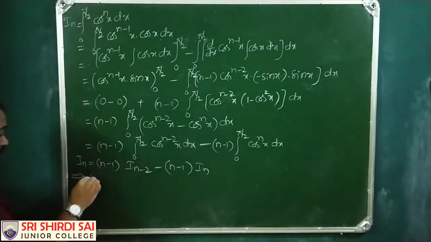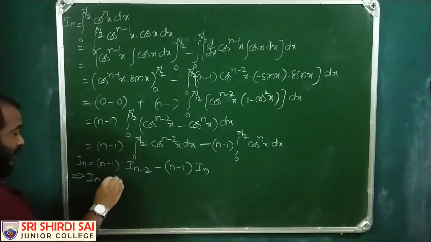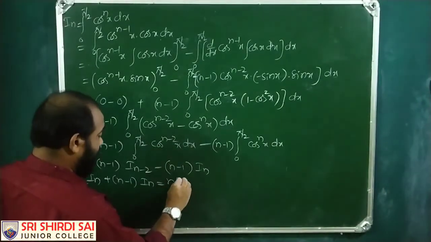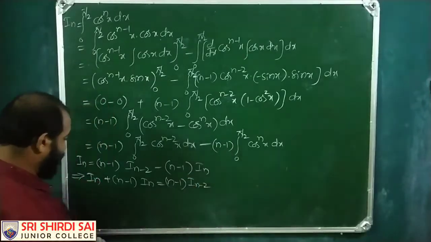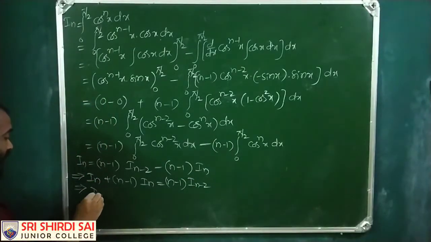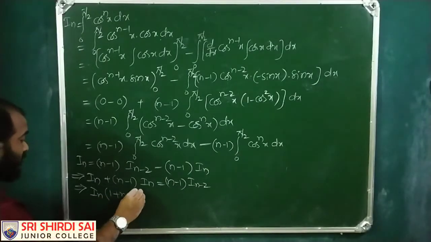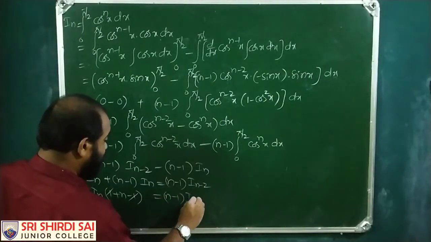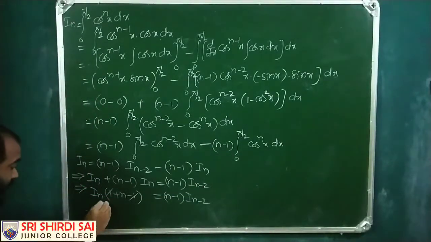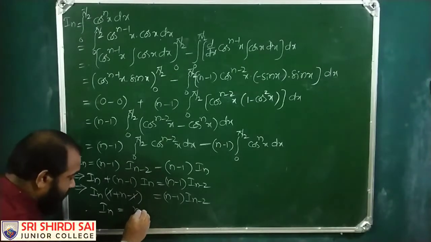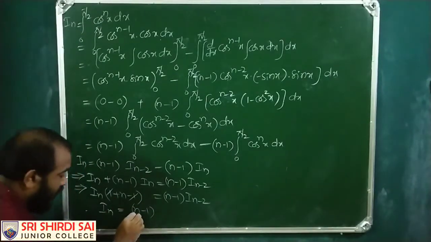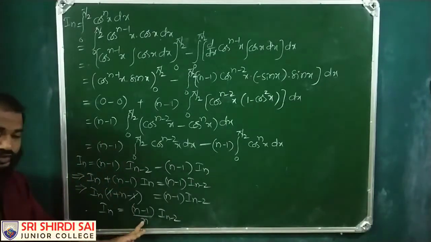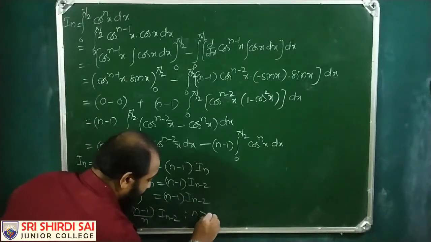So this equals In plus n minus 1 In equals n minus 1 I n minus 2. So take In as a common factor. So 1 plus n minus 1, so 1 gets cancelled, equals n minus 1 I n minus 2. Therefore, In equals n minus 1 by n into I n minus 2. It was multiplying here, so it will be dividing. And this is valid as long as n is greater than or equal to 2.